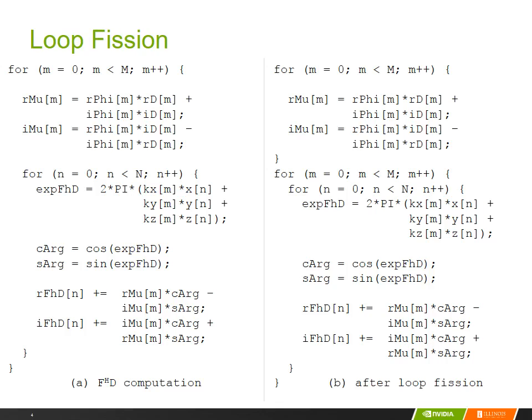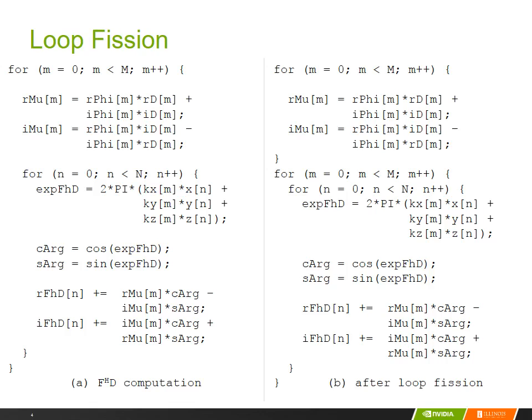So this brings us to a situation where each thread, when executing the outer loop after that reversal, is writing into a particular RFHD and IFHD element. And the inner loop will iterate through all the M values, collecting all the contributions into that particular element for each thread.